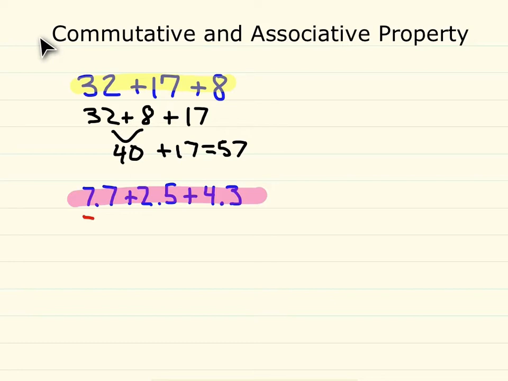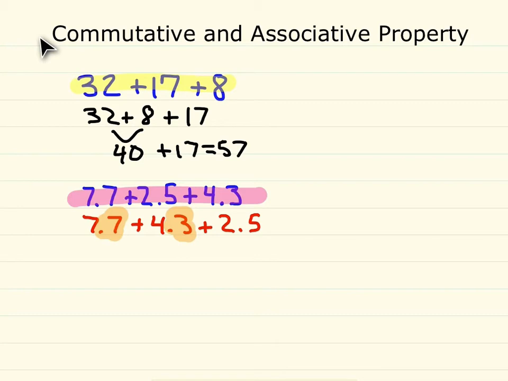Well, 7 and 7/10 plus 4 and 3/10 will work well together because your decimal part, your 7/10 and your 3/10, will make a perfect whole.